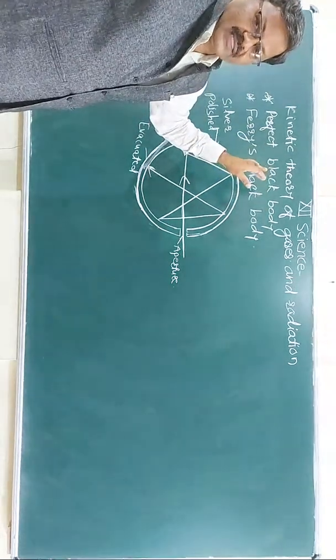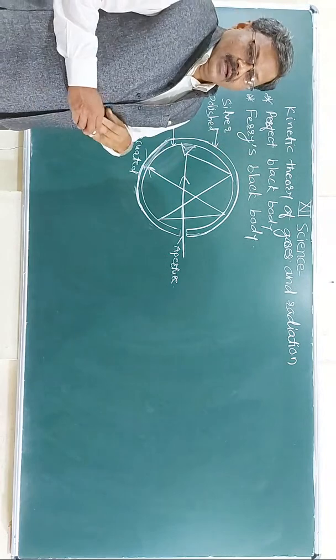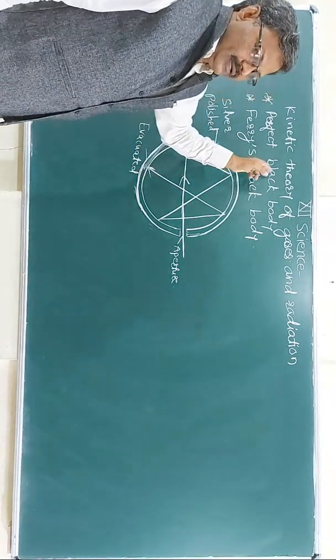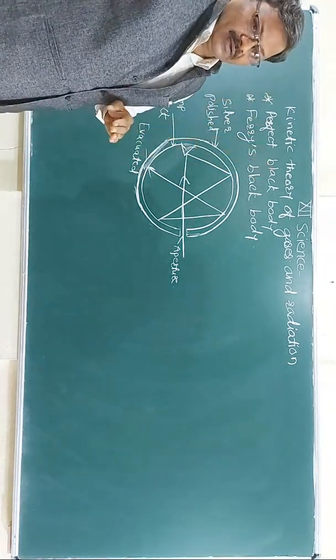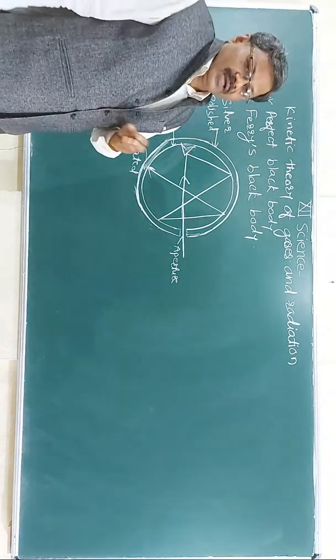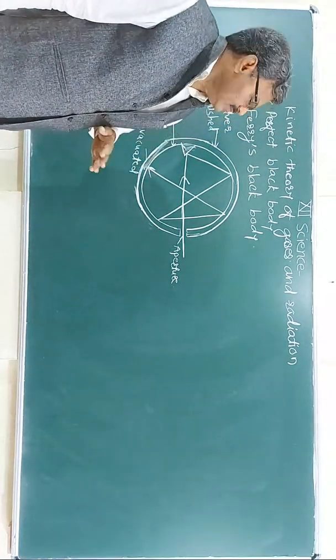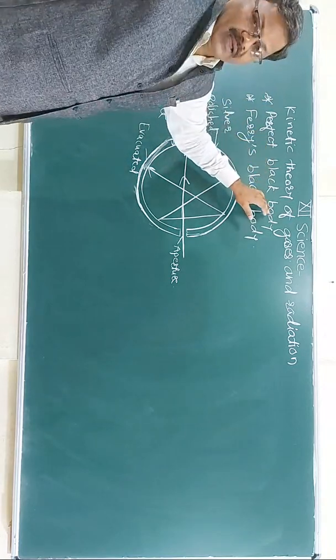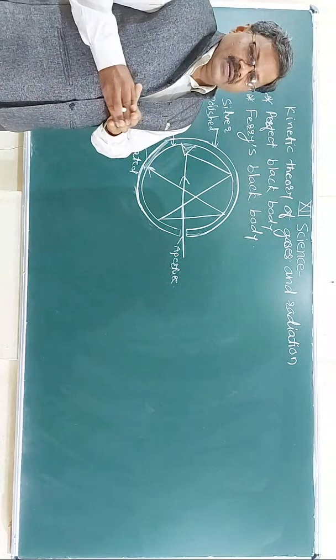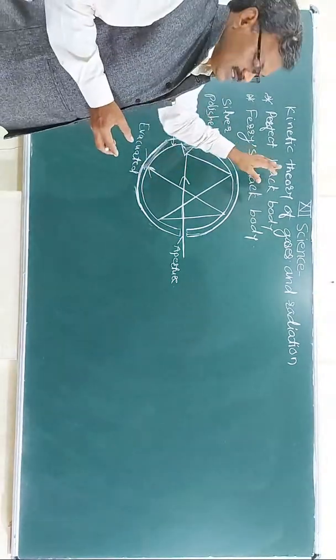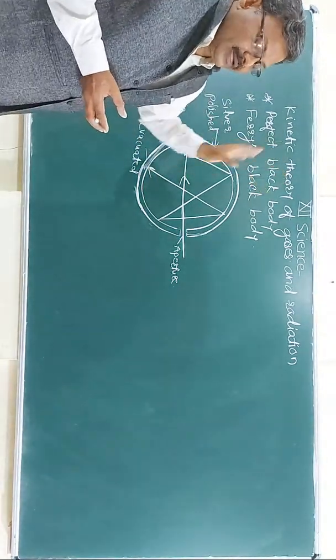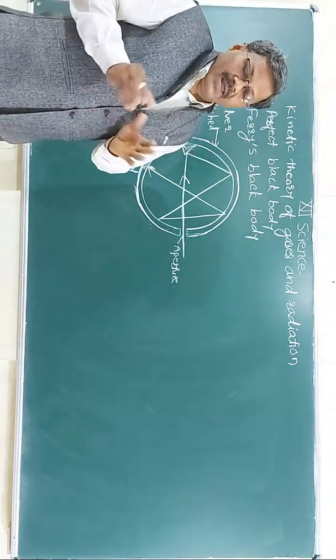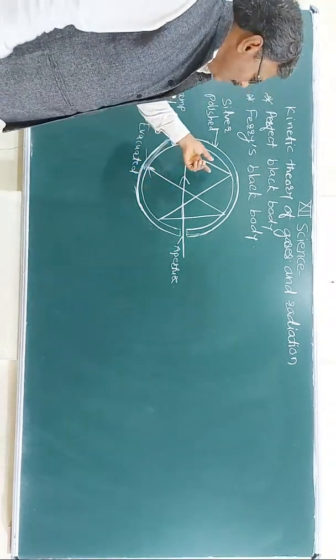This artificial black body absorbs nearly 97% of the energy. The perfect black body absorbs the total energy, its coefficient of absorption is maximum, and for practical purposes black bodies are designed.